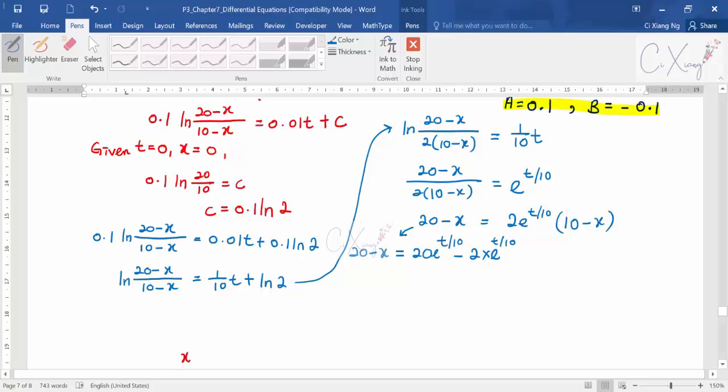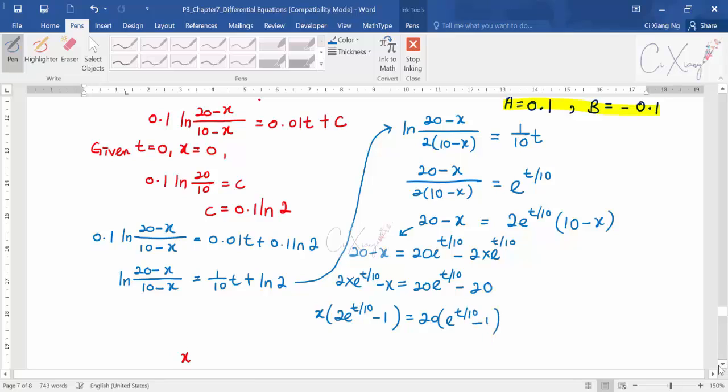Again, my aim is to group all the x together, and it depends on how you want to move your x. Maybe I keep all the x on the left. Then this one I have minus 20, then I can take out the x, which becomes 2e, and then this one I have 20e.